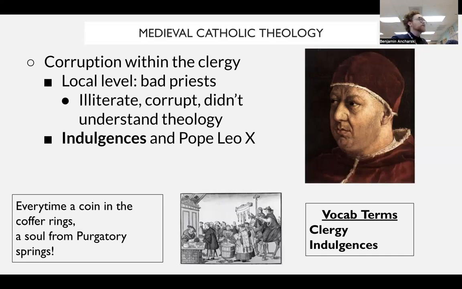So an indulgence essentially is the forgiveness of sin in exchange for a financial contribution to the church. Well, technically it's any good deed, but by the end of the Middle Ages, by the start of what will become the Protestant Reformation, these indulgences were essentially just being bought and sold by rich and powerful people.